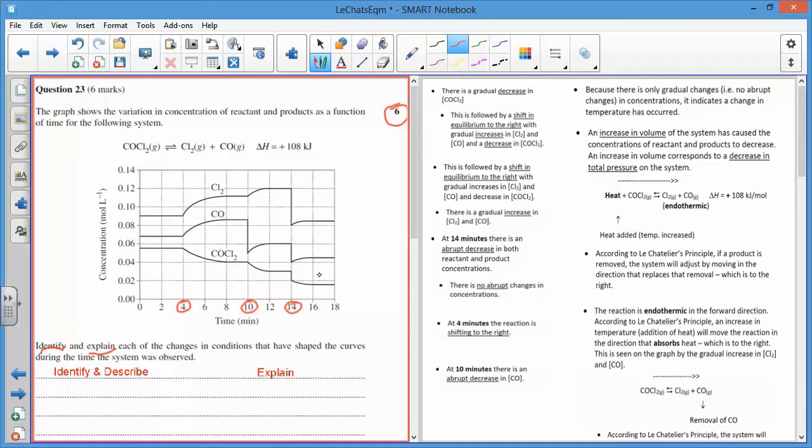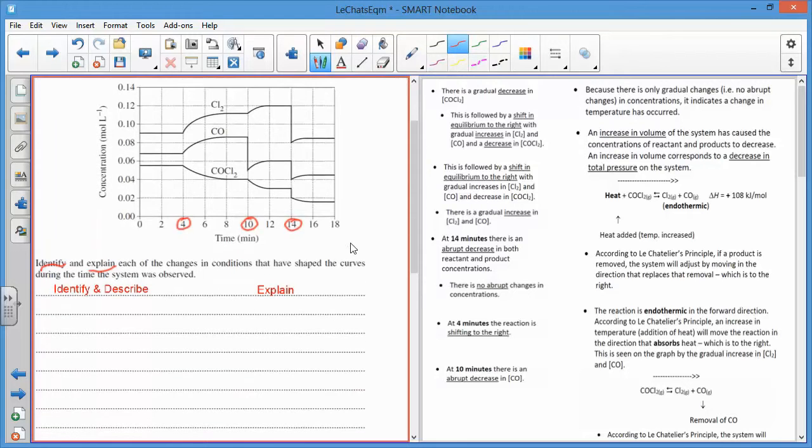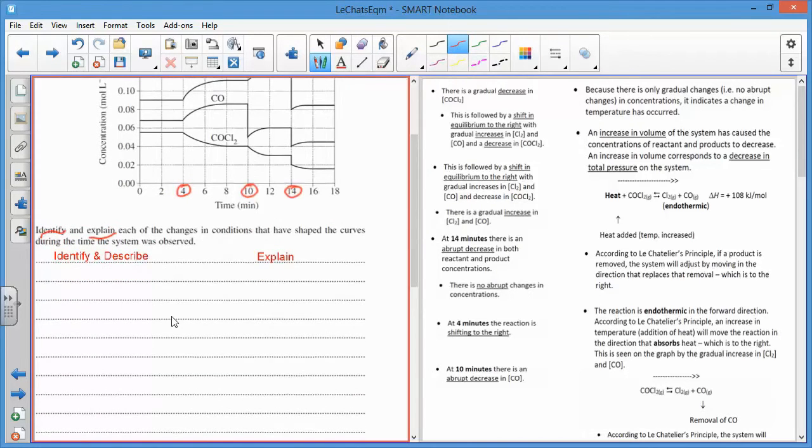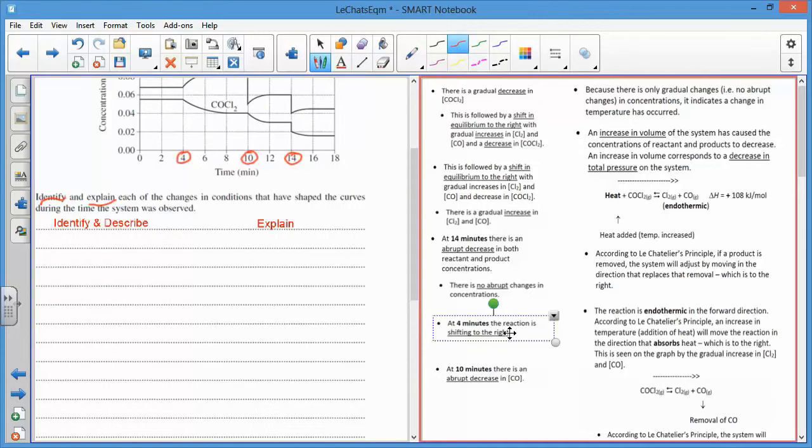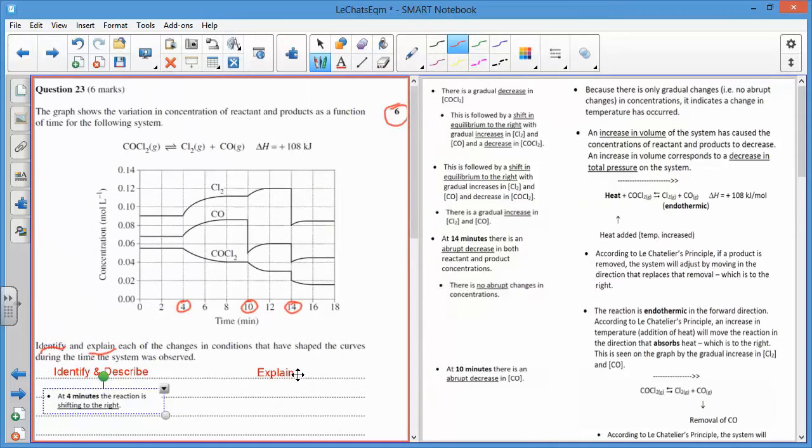So just simply starting out to identify and describe, I've split the question into parts, and we'll identify and describe at each time separately. We start with the change that occurs at 4 minutes. What can we see taking place at 4 minutes? We can see that the reaction is shifting to the right. How can we see that?